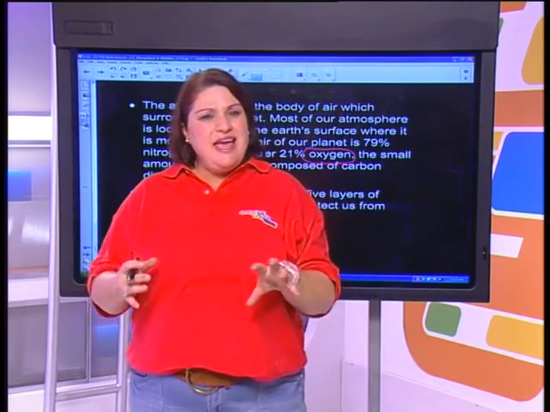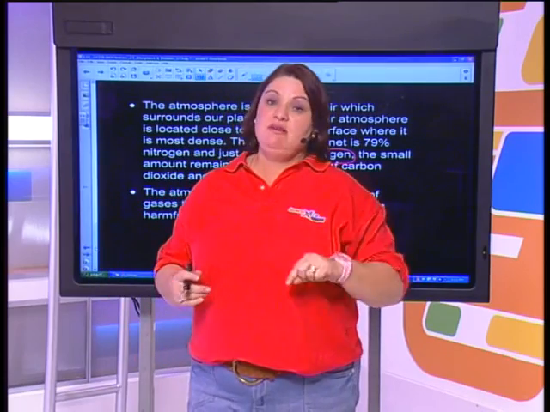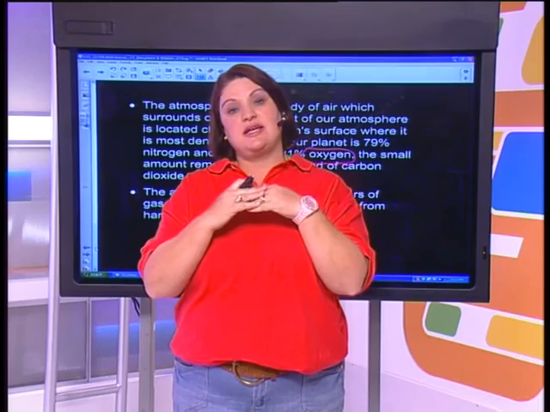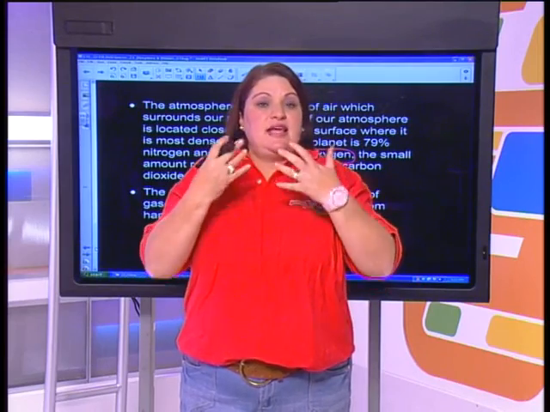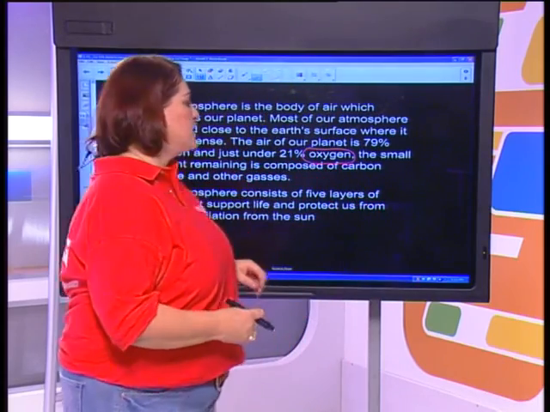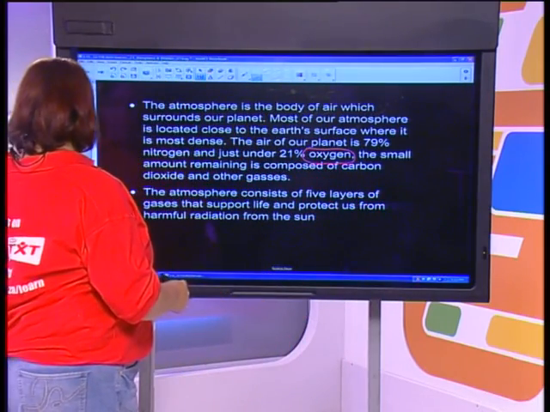We've got the air, the atmosphere. And one thing you must also remember about the atmosphere is that it protects us from the harmful radiation of the sun's rays. So not only is it the air, the oxygen that gives us life to breathe, cellular respiration, but it also protects us against the radiation from the sun.